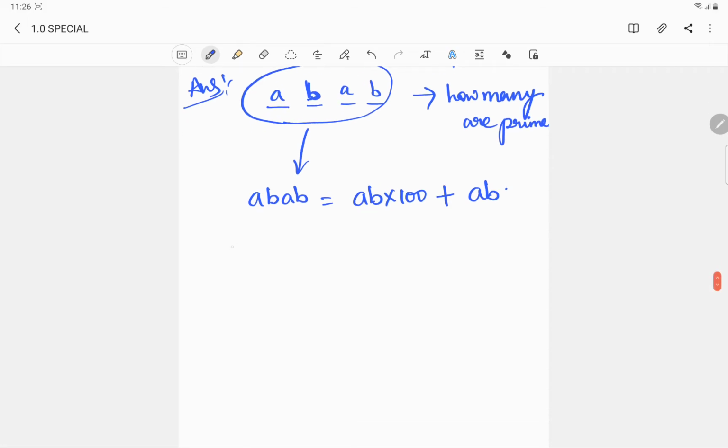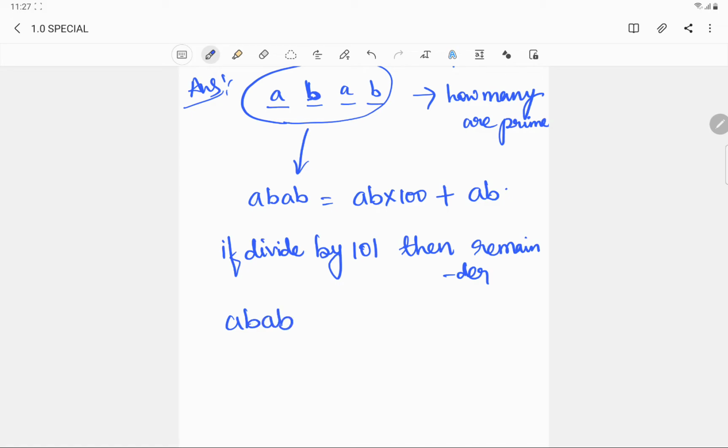Now if I divide this number by 101, sorry, then the remainder would be: AB divided by 101, AB multiplied by 100 divided by 101, plus AB divided by 101.